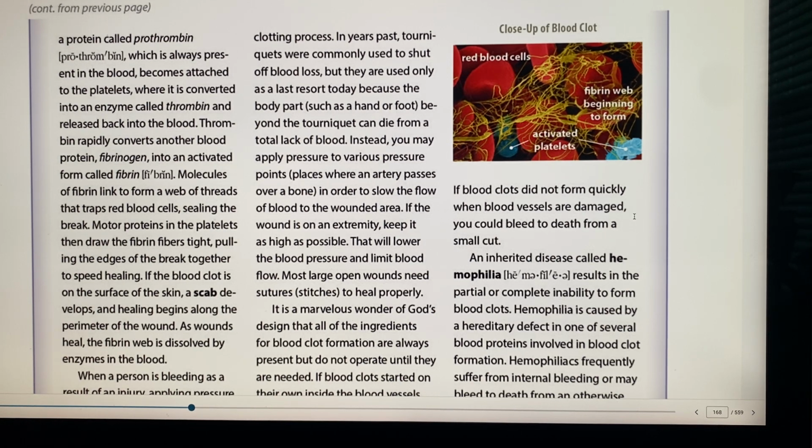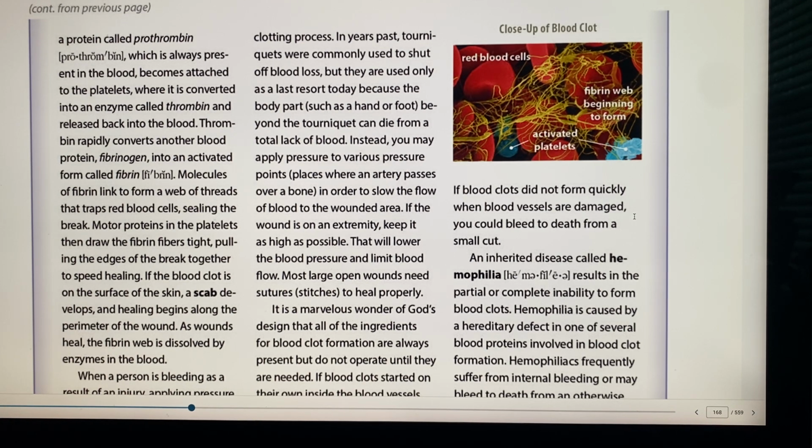And it spreads, and then the scab's on the skin, and then it's dissolved later on by the healing process. An enzyme, when it's healed, tells your brain it's healed, and it dissolves it. Isn't that amazing how God put this whole thing together in the healing process of these enzymes?